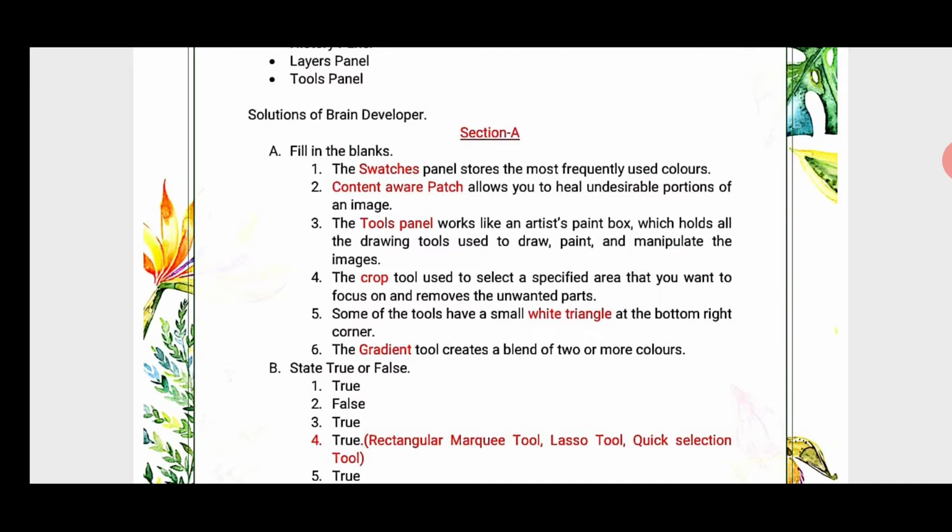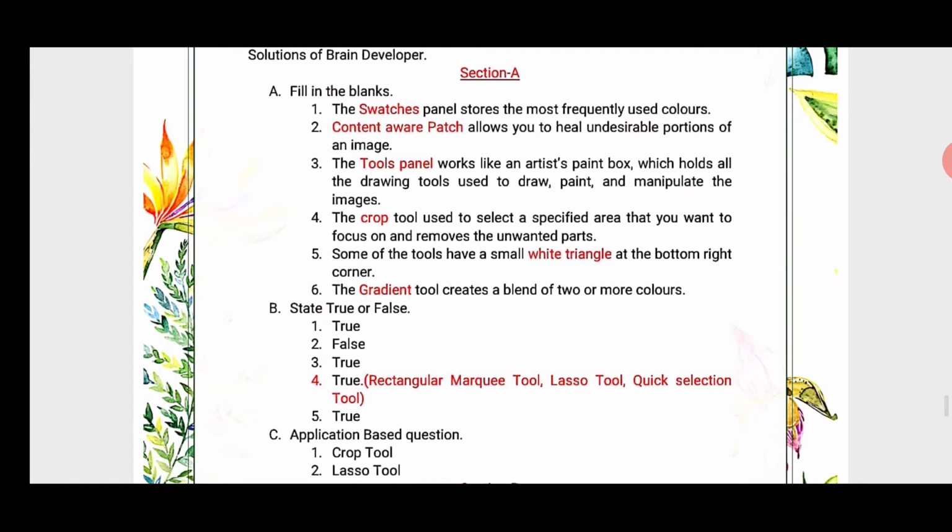So first one, section A, one, fill in the blanks. The swatches panel stores the most frequently used colors. Number 2, content aware patch allows you to heal undesirable portions of an image. Number 3, the tools panel works like an artist's paint box which holds all the drawing tools used to draw, paint and manipulate the images.